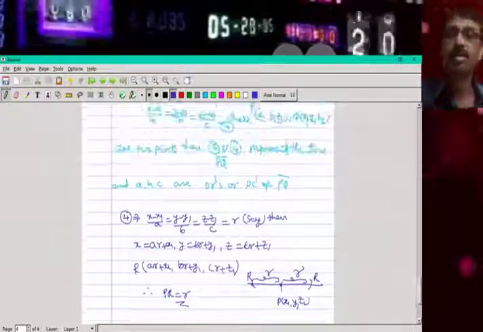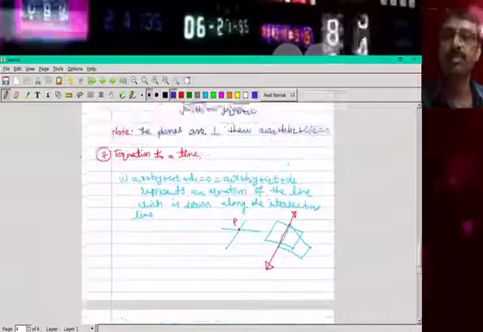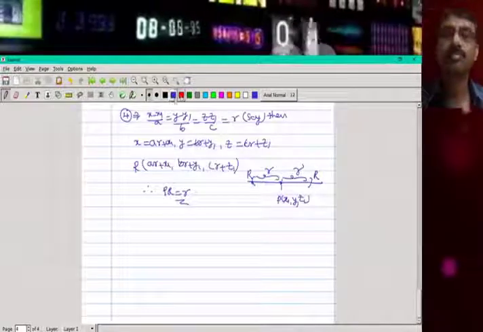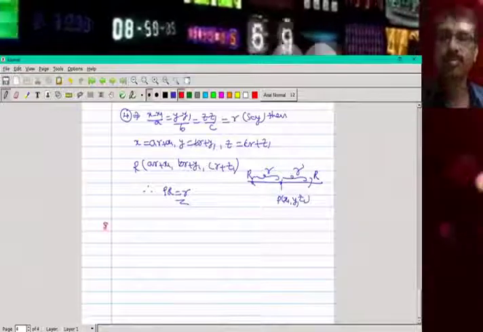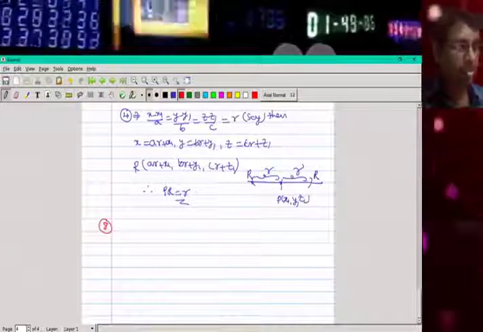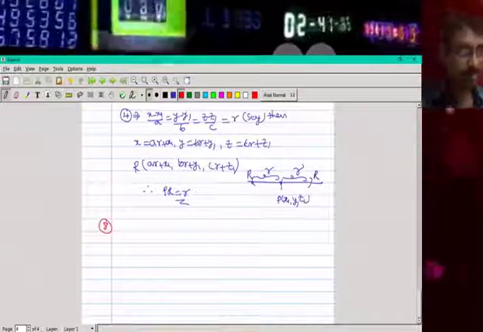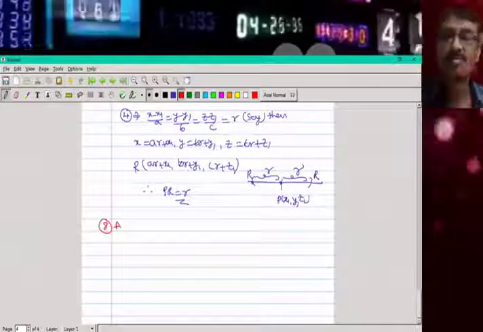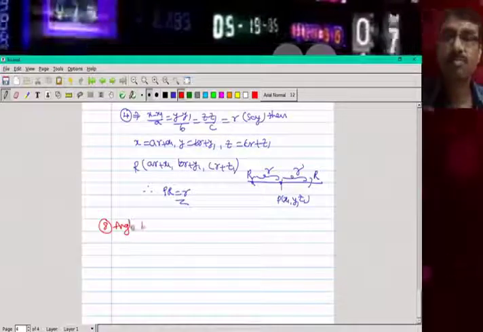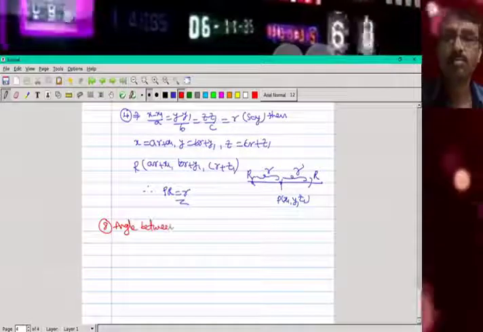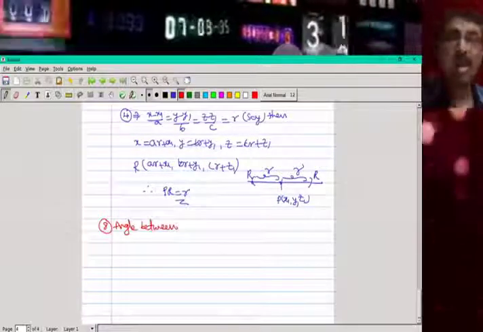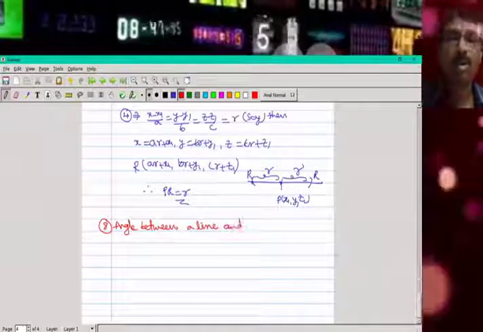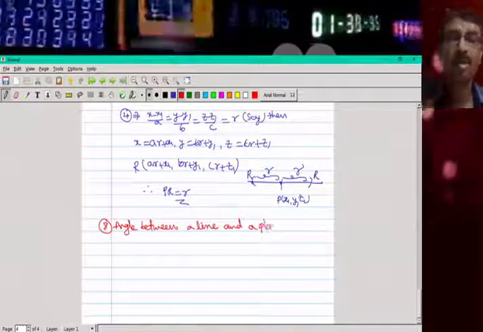Next, formula number 8: angle between a line and a plane.